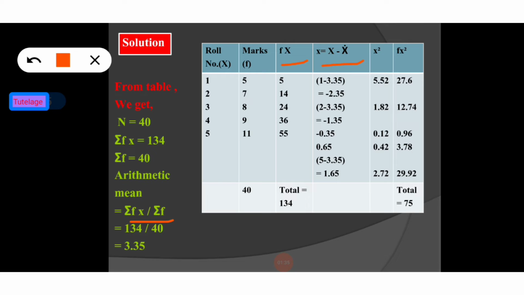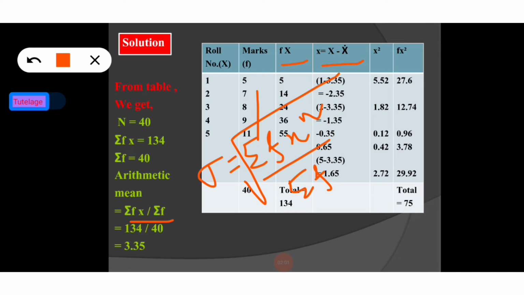Next we multiply the deviation squares by their respective frequencies f and take their sum total as summation f x square, because the formula of the standard deviation is sigma is equal to root over summation f x square by summation f. Okay, so that's why we have to calculate the value of f x square. I think this is clear.